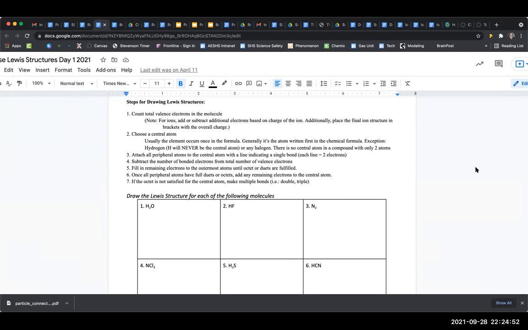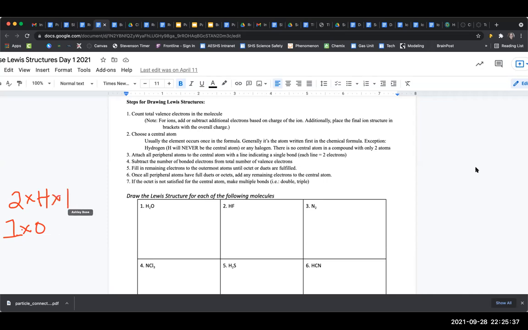Okay, so H2O, how many bonds does it have? How will it bond? How do we know? I'm just going to go through each of these steps with you for a couple of these. So H2O, it says first I need to count the total number of valence electrons. There are 2 hydrogens and 1 oxygen.